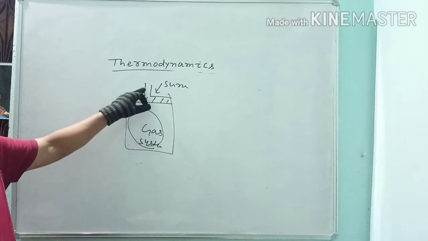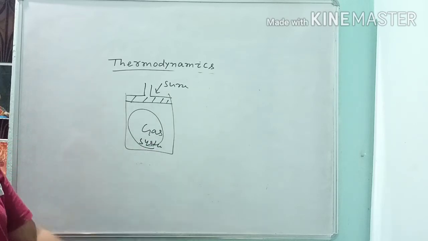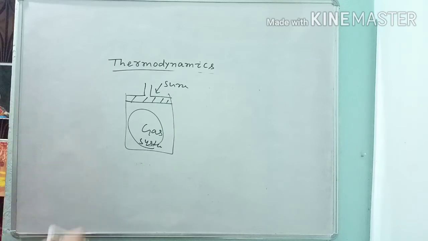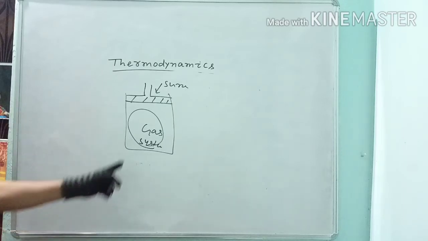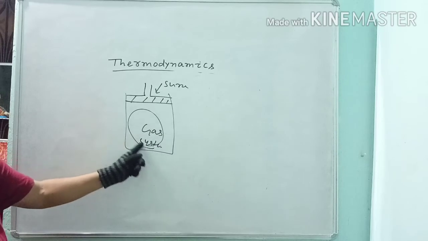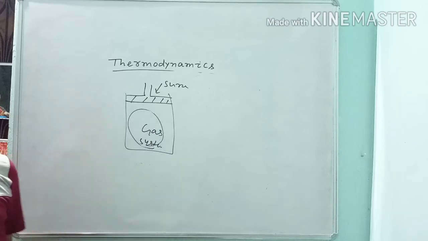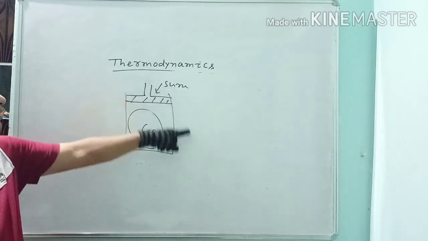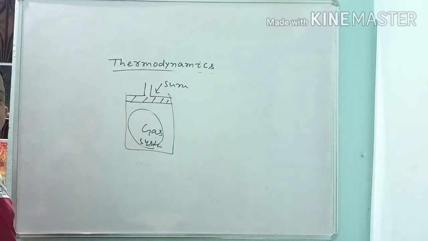Force is always balanced. There is no chemical reaction in it, so this is your chemical equilibrium. Also between system and surrounding the temperature is the same. So this is your thermal equilibrium.